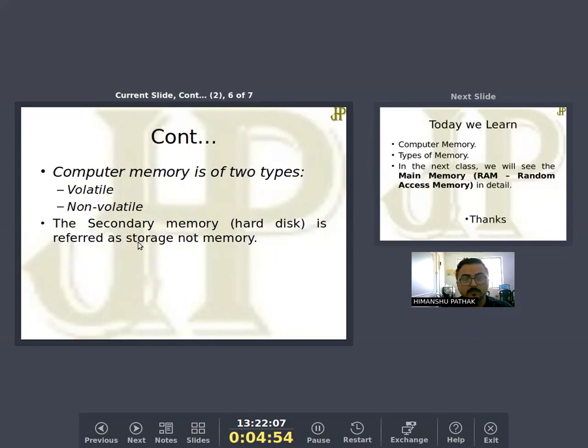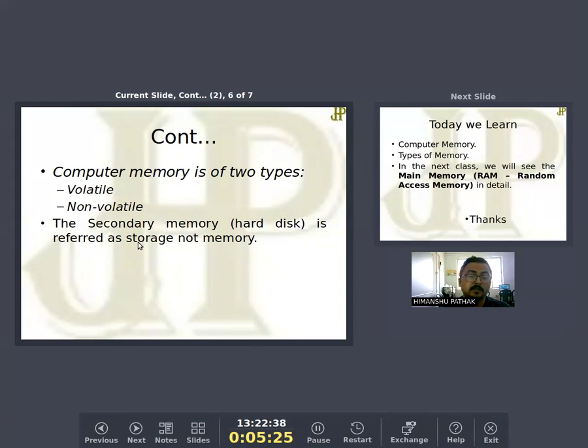In other words, computer memory can also be of two types, that is volatile and non-volatile. What does it mean? When we keep data in a volatile memory, if somehow the computer is off, all the data vanish from the volatile memory.